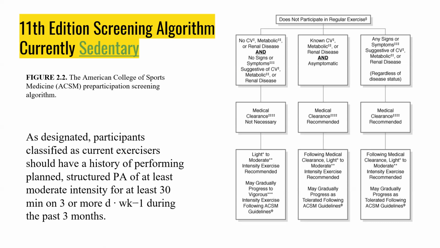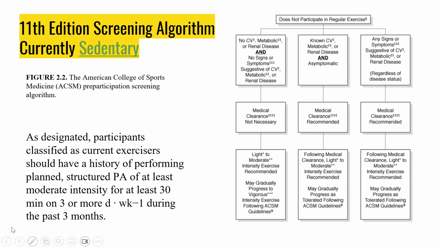So you know that your client is a regular exerciser if they meet this criteria. They perform planned, structured physical activity at moderate intensity, at least 30 minutes on 3 or more days per week in the past 3 months.